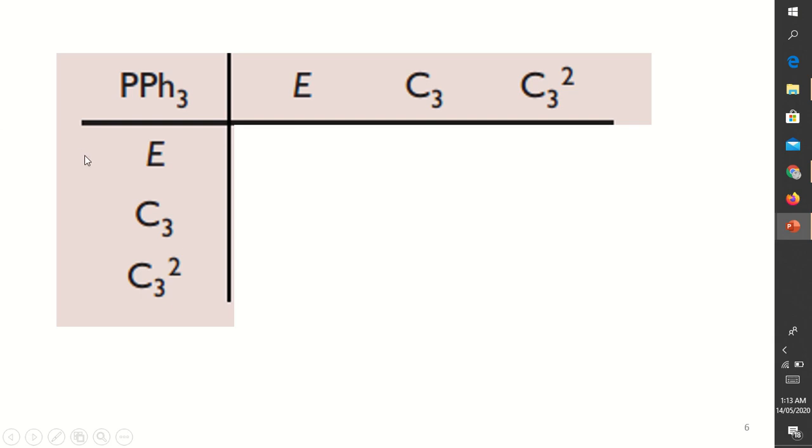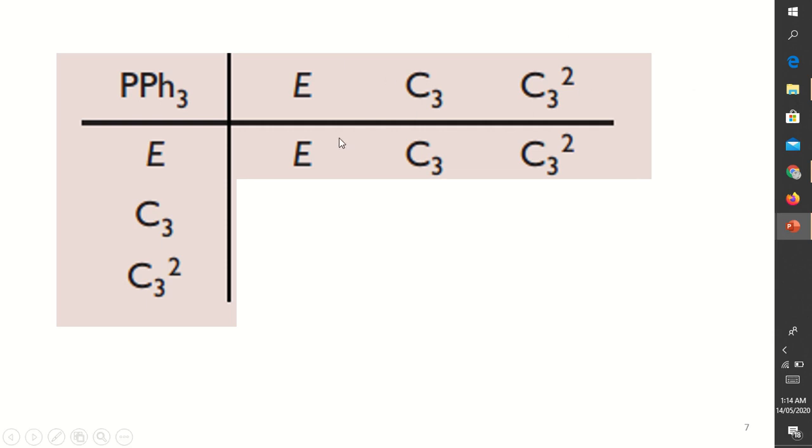So after applying identity, we perform the C3 operation on the triphenylphosphine. The result would be the same, which is C3. If identity is multiplied with C3 twice, then the result would be C3 twice, and this is the first row of the multiplication table, identity with the rest of the symmetry elements and operations.